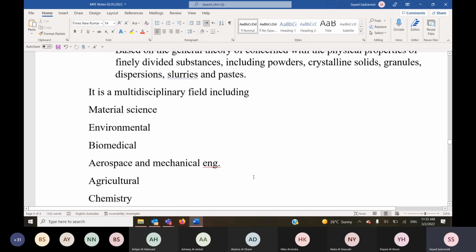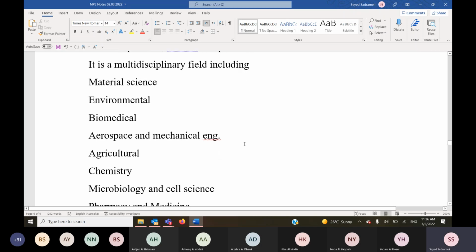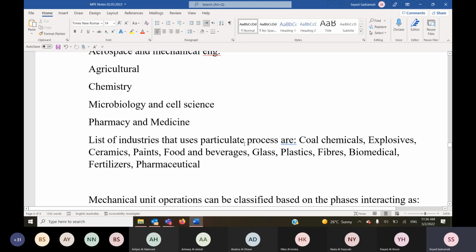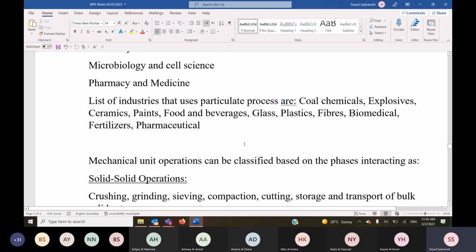It can be used in a variety of multidisciplinary fields, such as material science, environmental, biomedical, aerospace, mechanical engineering, agricultural, chemistry, microbiology, cell science, pharmacy and medicine. The industries include coal, chemicals, explosives, ceramics, paints, food and beverages, glass, plastics, fibers, biomedical, fertilizers, and pharmaceuticals.